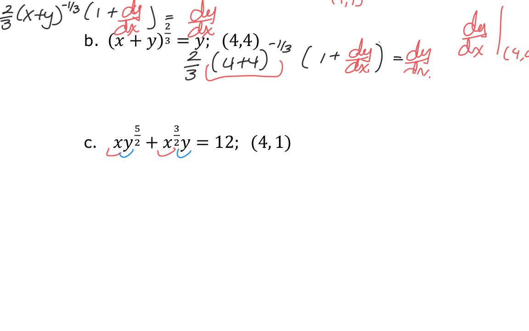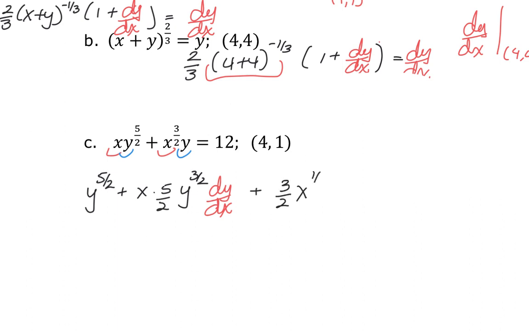So the derivative of my first uv would be just y raised to the 5/2 plus x multiplied by 5/2 y raised to the 3/2 dy/dx, plus 3/2 x raised to the 1/2 y, plus x raised to the 3/2, and then the derivative of y is dy/dx, which is equal to the derivative of the constant, which is 0.